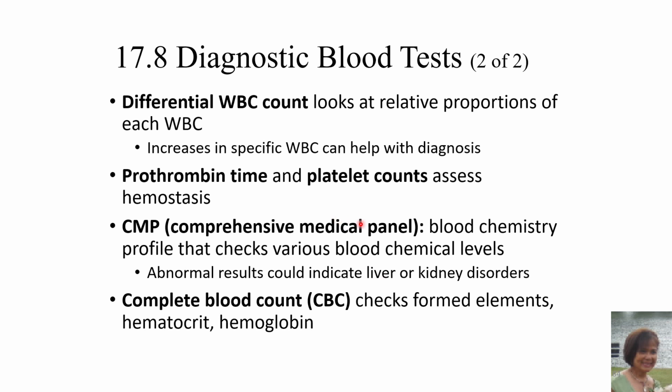A complete blood count would check your number of formed elements. It will also check your hematocrit and hemoglobin, and tell you if you're anemic, or if you're clotting at a good time.